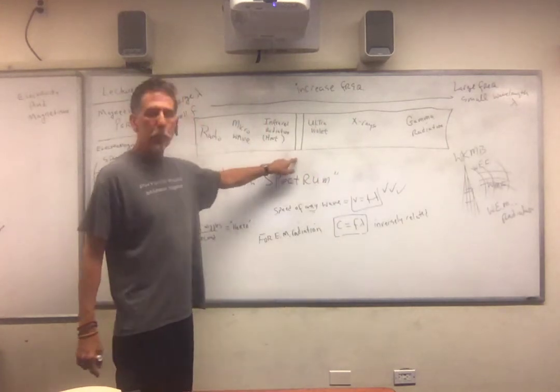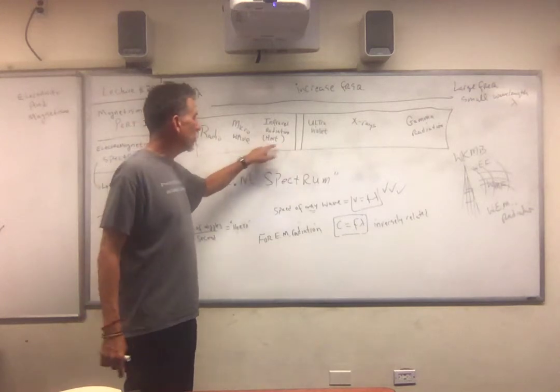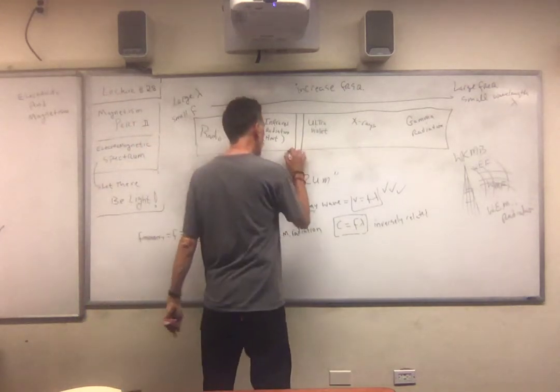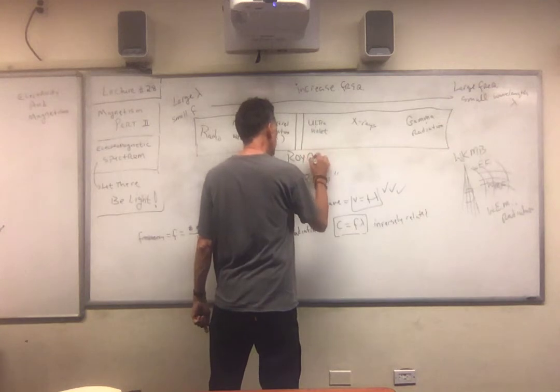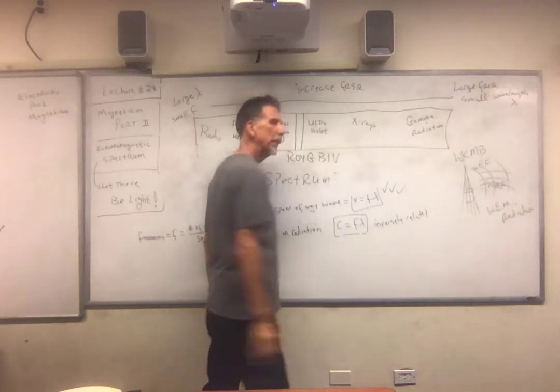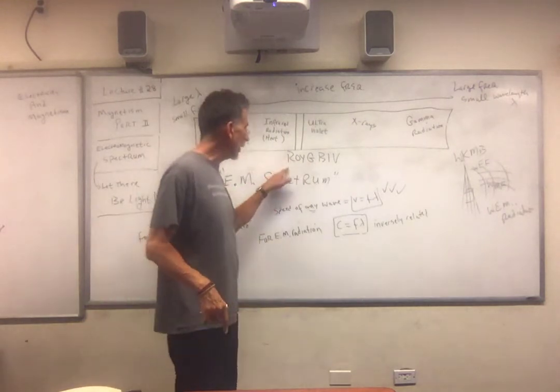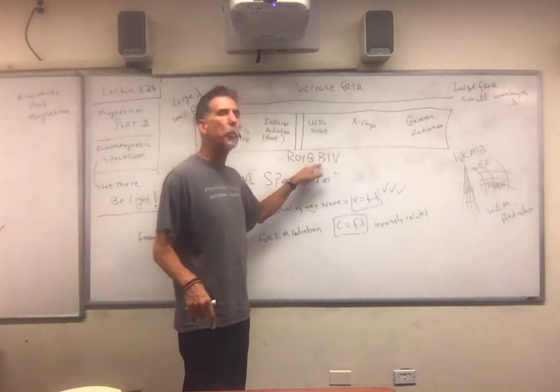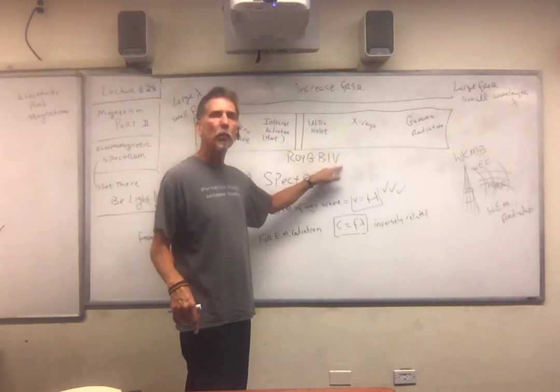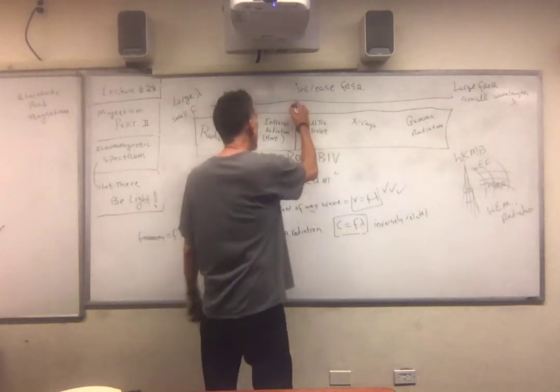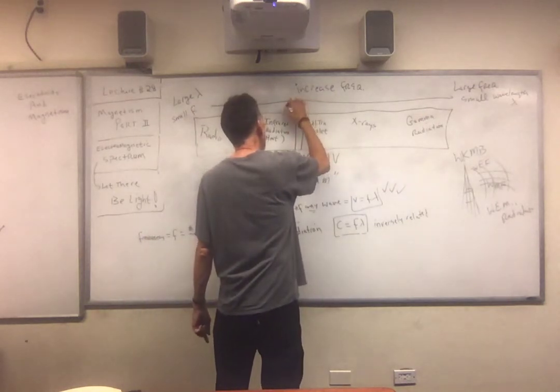This gap here between infrared and ultraviolet is our old friend Roy G. Biv. Does everybody know what Roy G. Biv is? It's the colors of the spectrum: red, orange, yellow, green, blue, indigo, violet, in this order. So this gap is visible light.